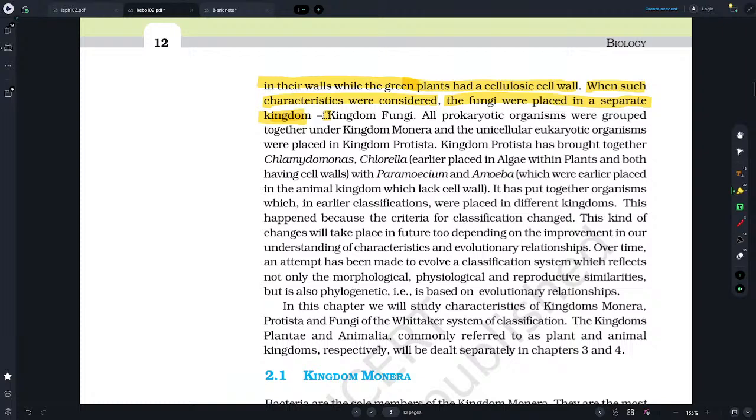This is a means of sexual reproduction in fungi. The condition is that they should be of compatible type, they should be haploid, and the two mycelia, two hyphae, should fuse.